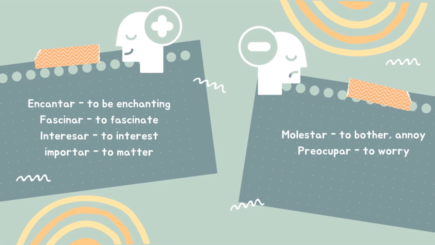So we've already talked about the verb gustar, but there are other words that you can use in Spanish to describe when something is pleasing to you or pleasing to someone. Here are those words. Encantar, fascinar, interesar, importar.